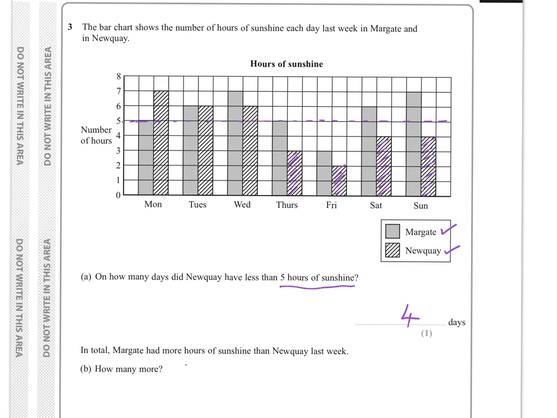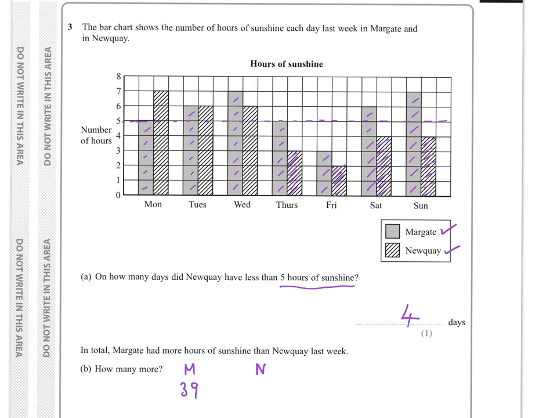So let's do Margate first. And so we've got 1, 2, 3, 4, 5, 6, 7, 8, 9, 10, up to 39.